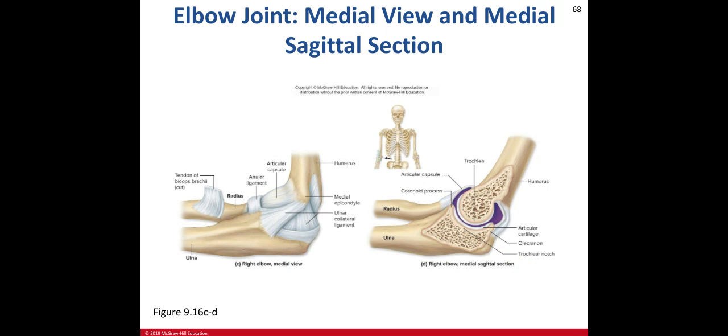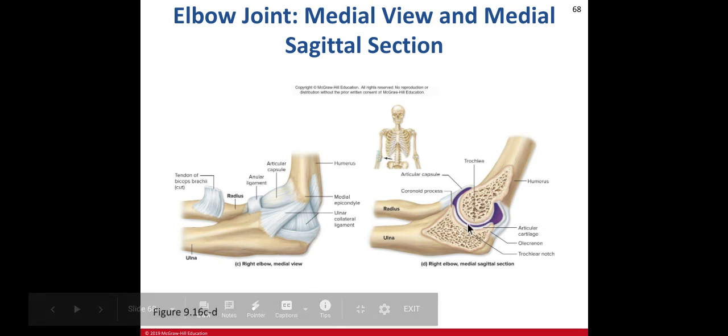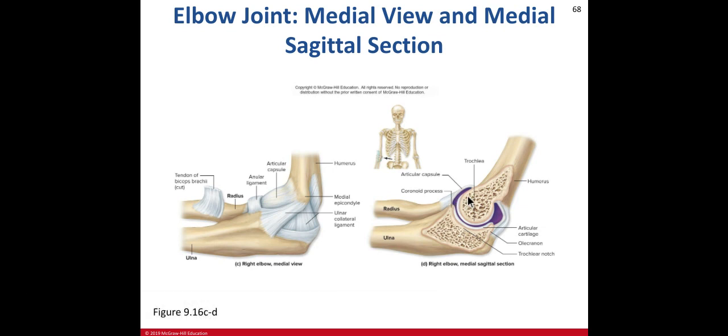Okay. And here's what it would look like medially, or a sagittal section of it. We can see this singular articular capsule where we've got the trochlea here in our trochlear notch and the head of that radius all meeting together.